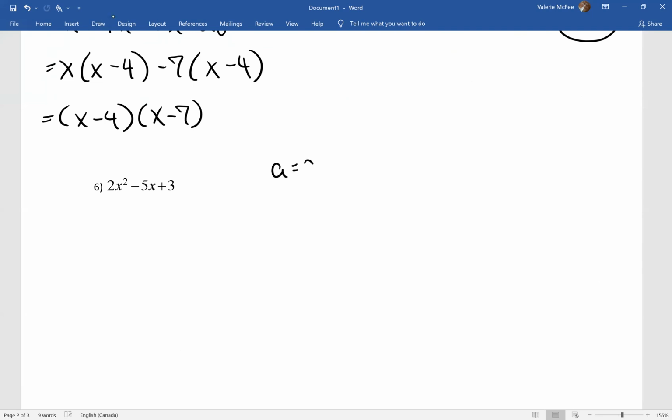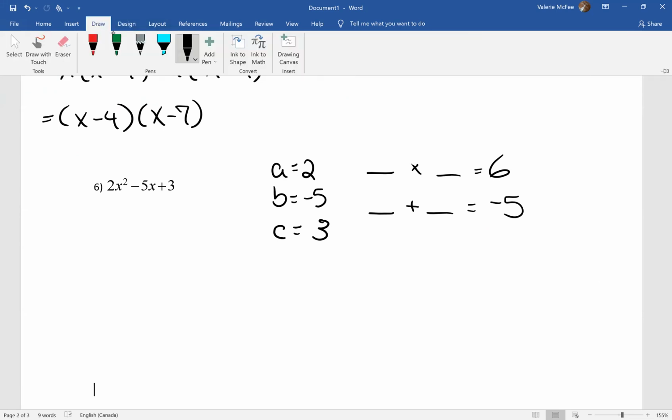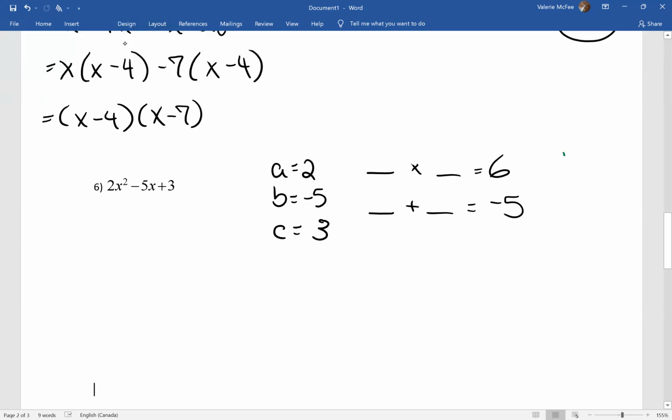A equals 2, B negative 5, C equals 3. Two numbers that multiply to equal A times C and add to equal B. This is that same 5 and 6 that was tricky last time. People always have trouble with this.